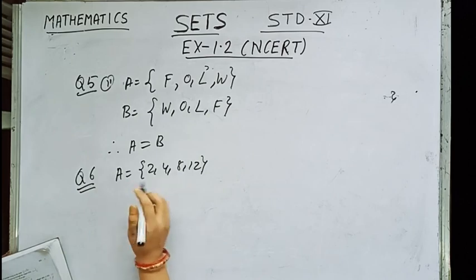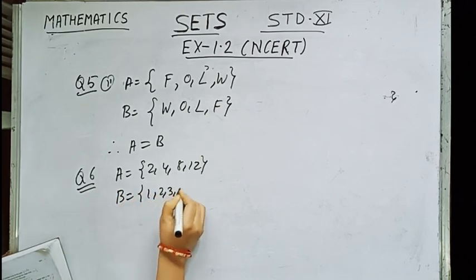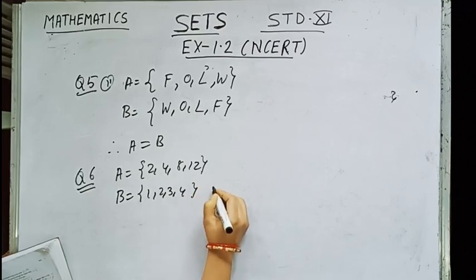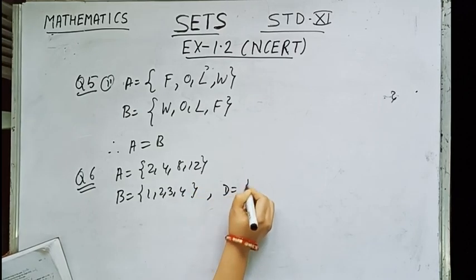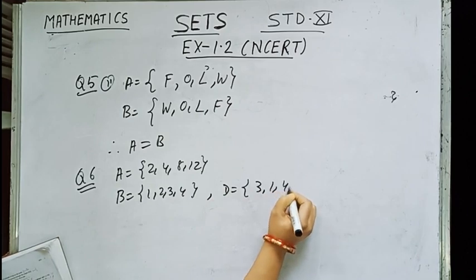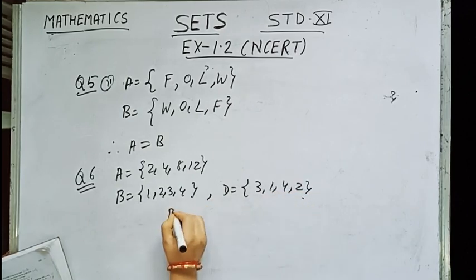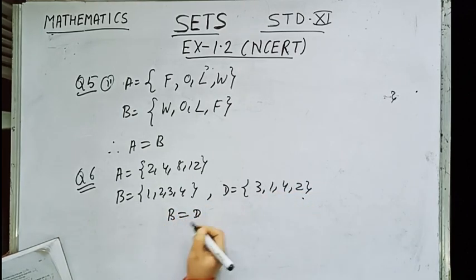So A is not equal to any. Now B is equal to {1, 2, 3, 4} and D is also equal to {3, 1, 4, 2}. So we can say B equals D. Now C is {4, 8, 12, 6, 12, 14} which is not equal to any. D is equal to B, we have shown.